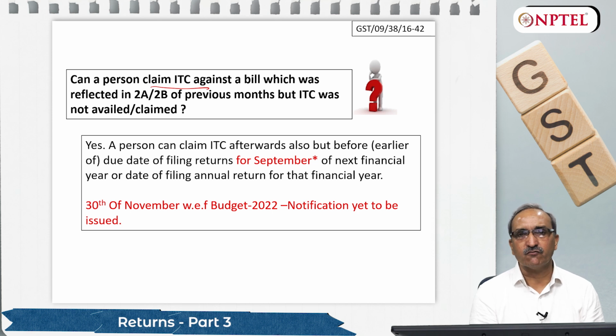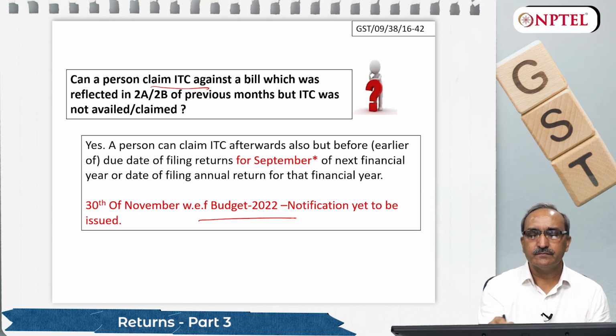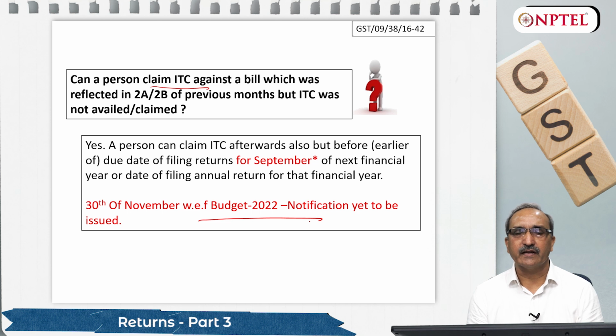But after 30th of November, if I still have not claimed this amount, then it is foregone. It is not available to me for ITC. So 30th November is the date by which I can claim all the ITC which I forgot by chance for the financial year 23-24.